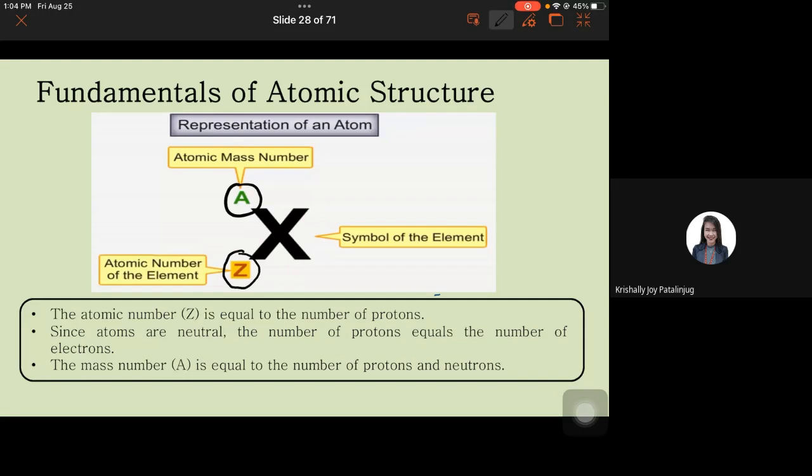So say for example, sodium, recall that it has an atomic number of 11. So that is where you write the atomic number, or also equivalent to the number of protons. And then it has an atomic mass of 23. Okay, so that's how you correctly represent an atom, reflecting its elemental symbol, atomic number, and atomic mass.